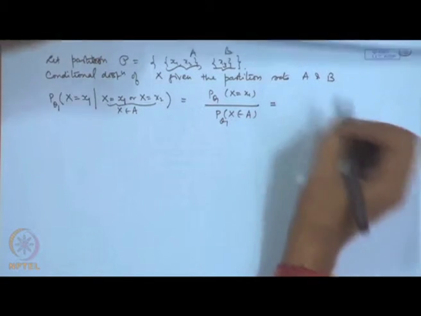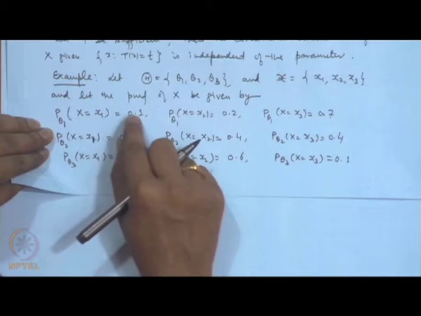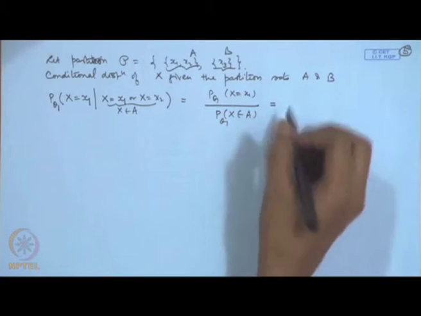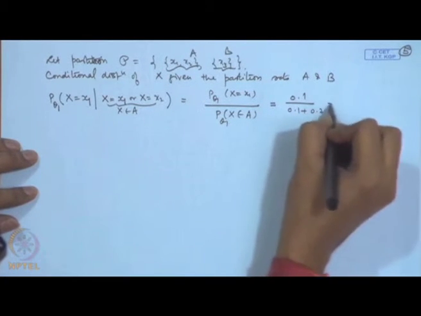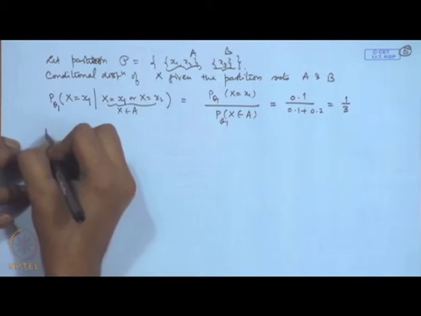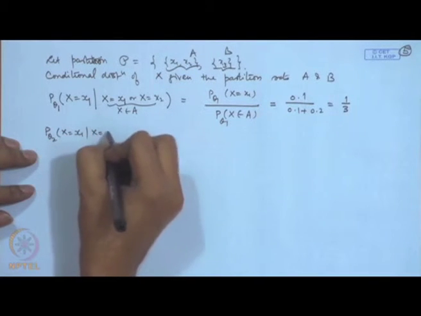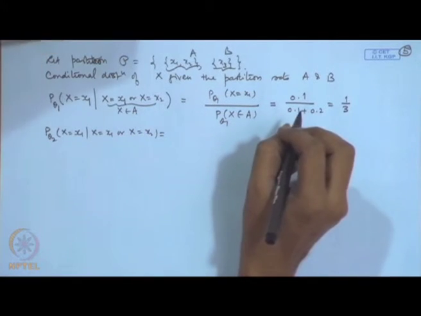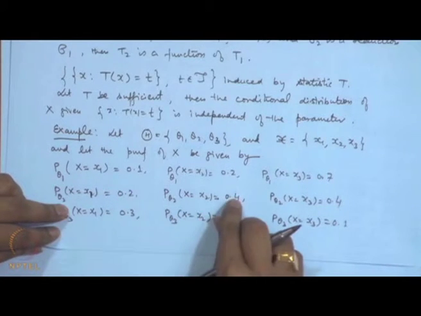Now, when theta is equal to theta 1, probability of x equal to x1 is 0.1 and probability of x equal to x2 is 0.2. So, this value turns out to be 0.1 divided by 0.1 plus 0.2, that is equal to 1 by 3. Now, if I consider say theta 2, x equal to x1 given x equal to x1 or x equal to x2, again you notice here when theta is equal to theta 2, the corresponding probabilities are 0.2 and 0.4.